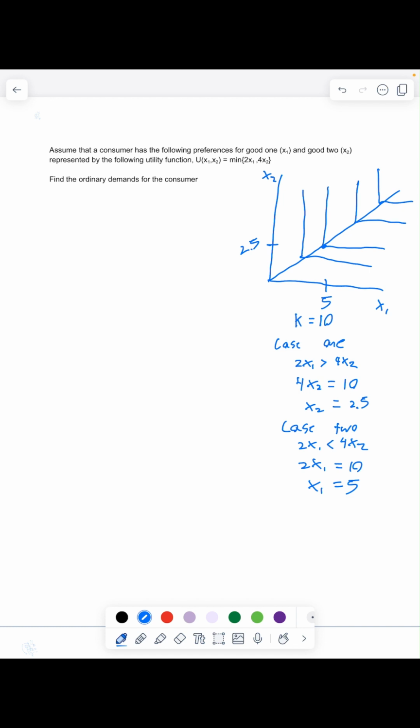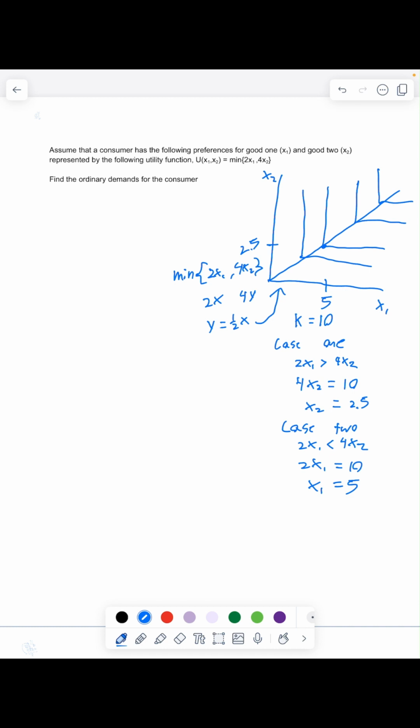We can also check this by looking at our min function, where it says 2x1 and 4x2. It's like saying 2x and 4y. If we set these equal to each other, we would get y equals 1/2 of x, which would match the slope of this line here anyways.